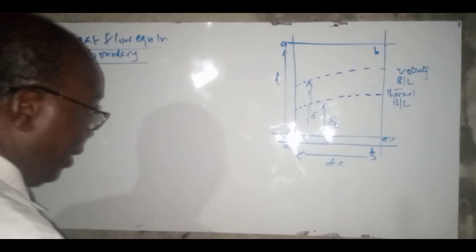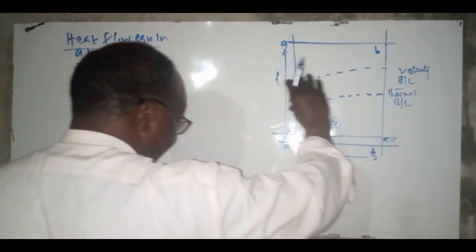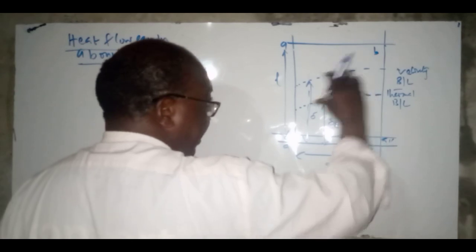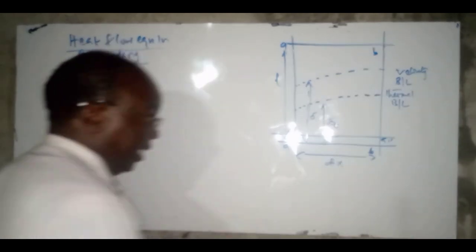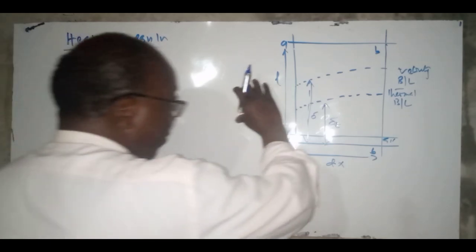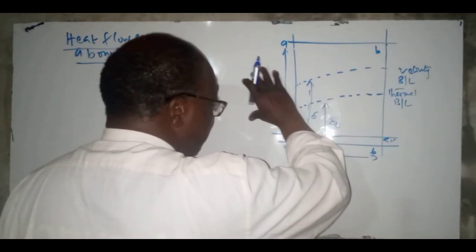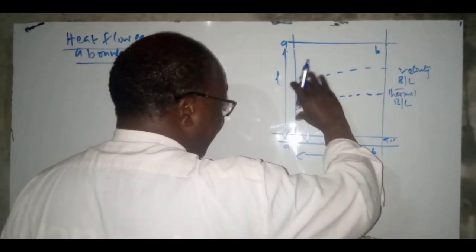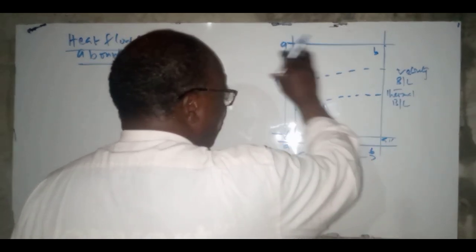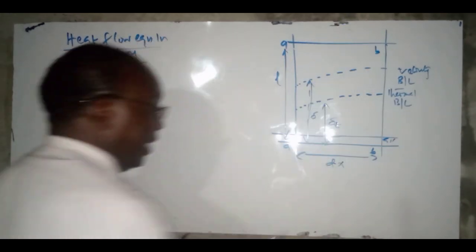Now, when mass is transferred across the plane AA and it exits across the plane BB, you will find that the difference between the mass which entered and the mass which exited is the mass which exited through the surface AB.